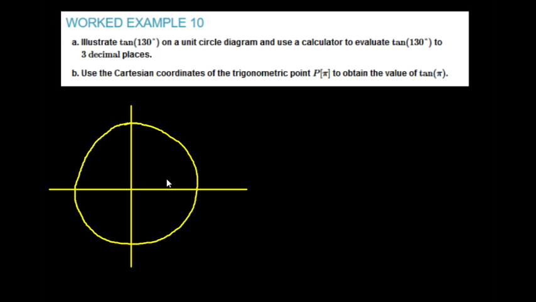So we've got our unit circle, 130, a bit more than 90, a bit less than 180, so roughly over here. So tan of 130 lies in the second quadrant.